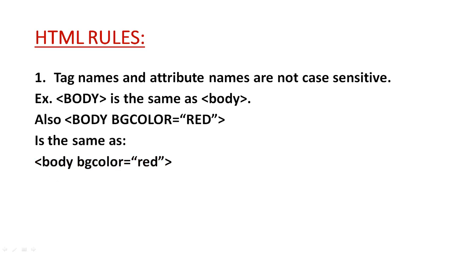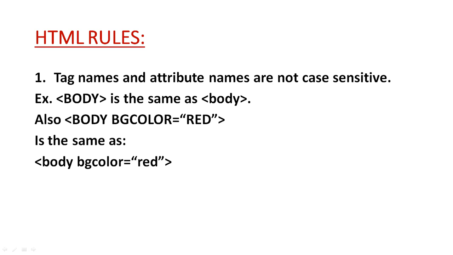HTML rules: the tag names and attribute names are not case sensitive. Case sensitive means if you write in capital letters or in small letters, it is the same and does not affect your HTML document.